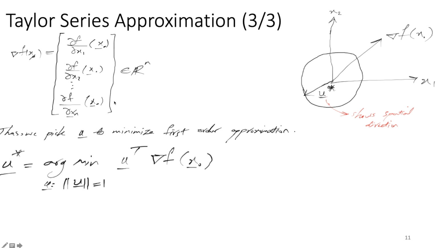And then finally, the u star, or the optimal direction to go towards your optimal point in your gradient descent convex function, would be calculated as the minimization of u transpose gradient of f of x0, right?